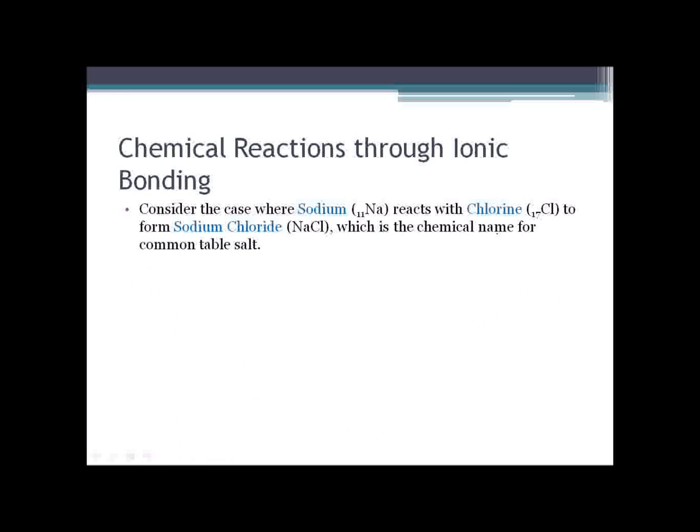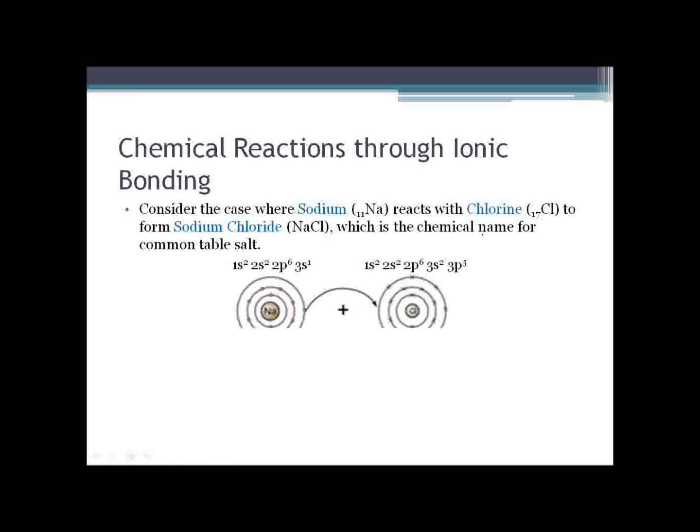Okay, let's illustrate how things actually react in terms of electrons. Here's an example where again we've got sodium. There's its electron configuration. It's going to want to lose that one. Chlorine here is going to want to pick one up.